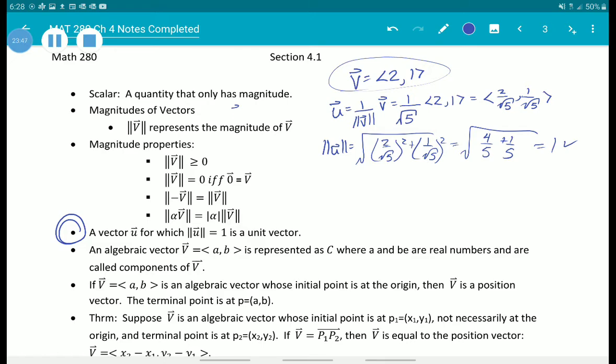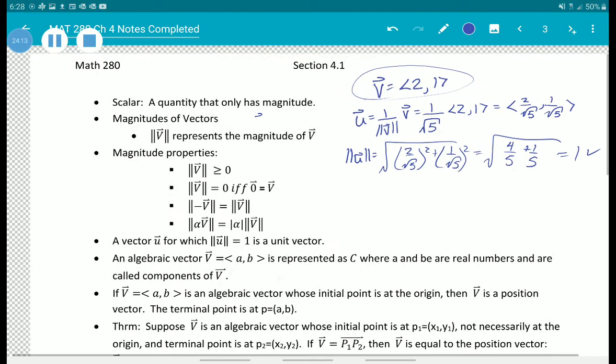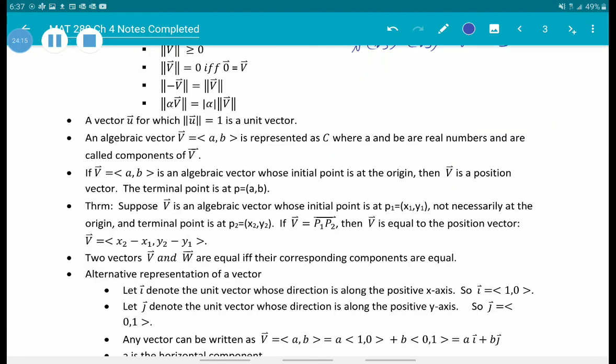An algebraic vector v is represented in component form as a, b, where a and b are real numbers and are called components of v. There's a typo right here.